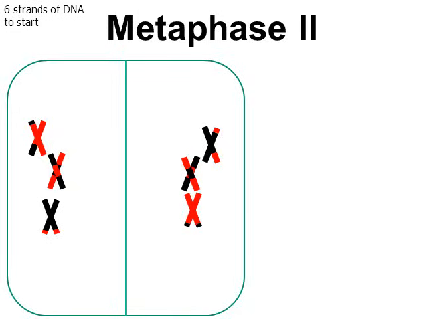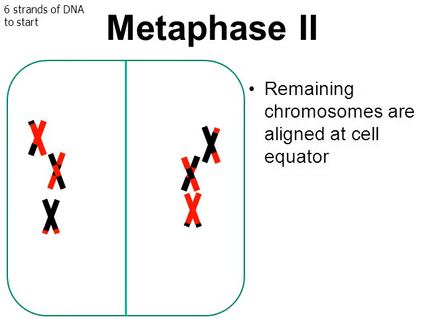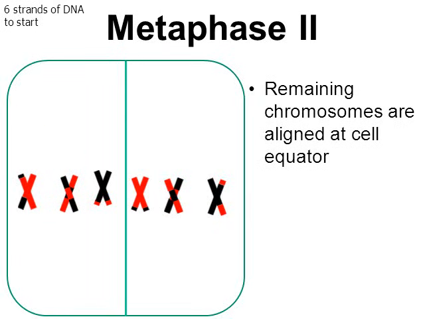And so as the cells move on through metaphase number 2 of meiosis number 2, the remaining chromosomes are going to align at the cell's equator. And in the animation, there you see the X-shaped chromosomes are aligned at the equator of the cell. And I'm hoping you can predict what's going to happen to those chromosomes during anaphase number 2.